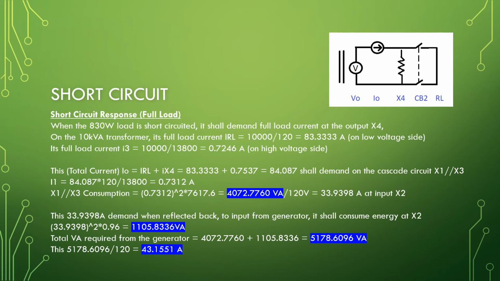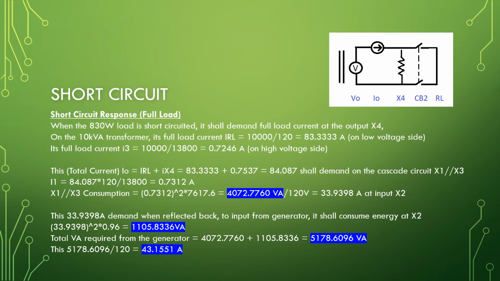Short circuit response, full load. When the 830 watt load is short-circuited, it shall demand full load current at the output X4. On the 10 kVA transformer, its full load current IRL is equal to 10,000 VA divided by 120 volt equal to 83.33333 ampere on the low voltage side.